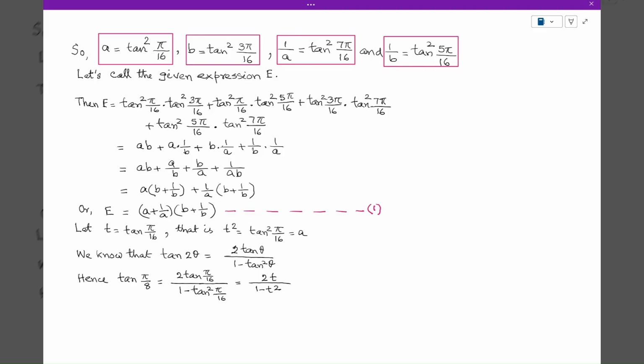Therefore, tan pi by 8 is equal to 2 tan pi by 16 divided by 1 minus tan square pi by 16, and that is 2t divided by 1 minus t squared.